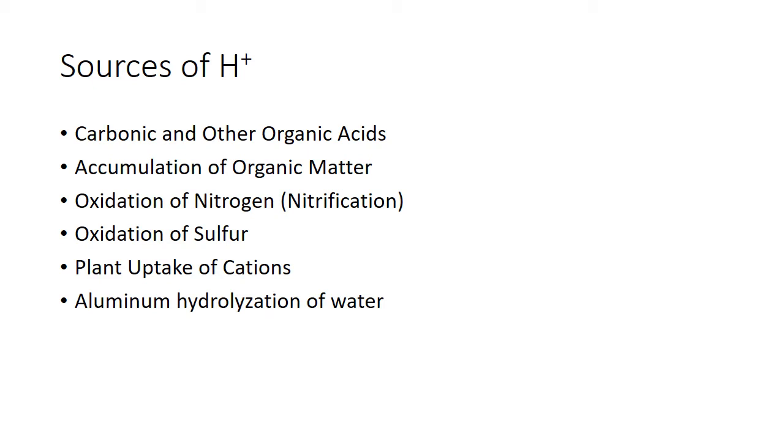So we're actually creating acidity as those microbes convert ammonium into nitrate. Sulfur, as it gets oxidized, produces hydrogen. Plants can also acidify the rhizosphere in the process of taking up cations. And we also get acidity through what we call the hydrolysis of water by aluminum.